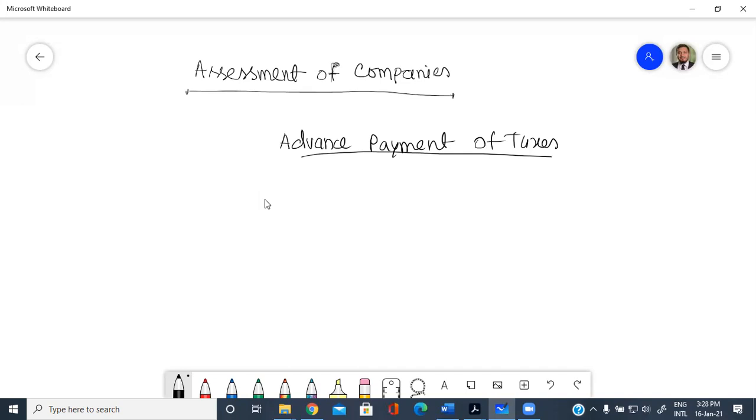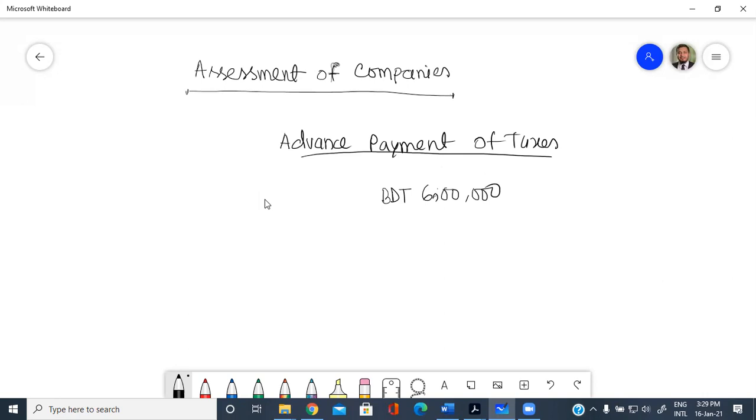The answer is no. First of all, if it is observed that in the latest assessment year, your assessed income exceeds 600,000 taka, in that case, you are supposed to pay advance taxes.